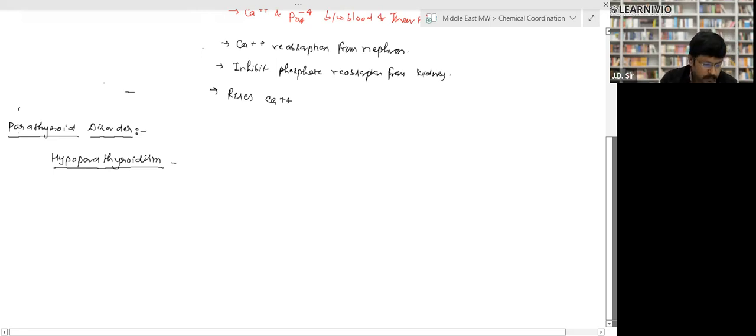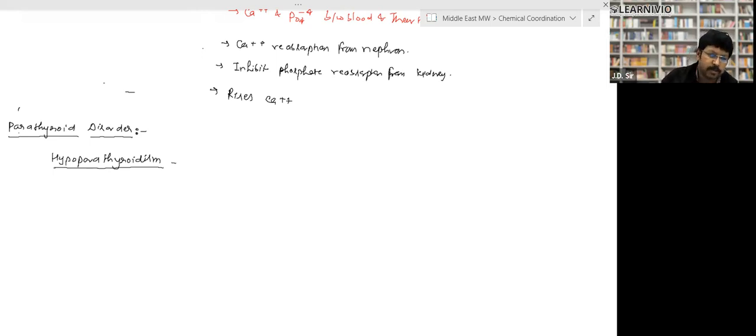It causes lowering of blood calcium level.